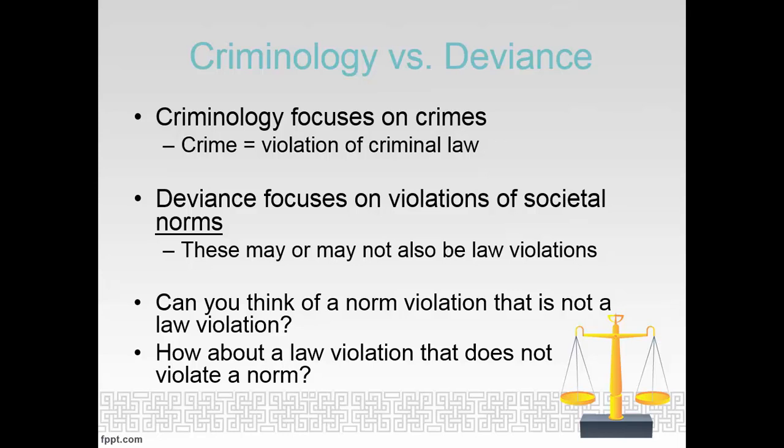There is a fair amount of difference between criminology and the discipline of deviance. So criminology focuses only on areas of deviance that are actual violations of criminal laws. Deviance focuses on violations of any social norms. So these norms may or may not be law violations. If you think about norm violations that are not law violations, picking your nose, having a child out of wedlock, they range from the less serious to the more serious.